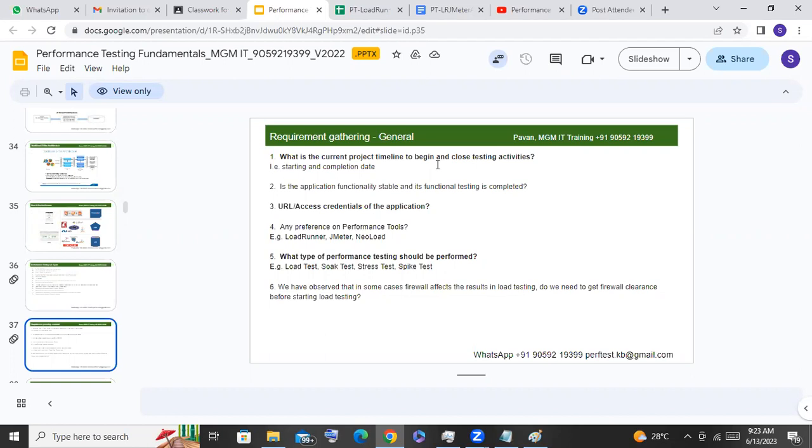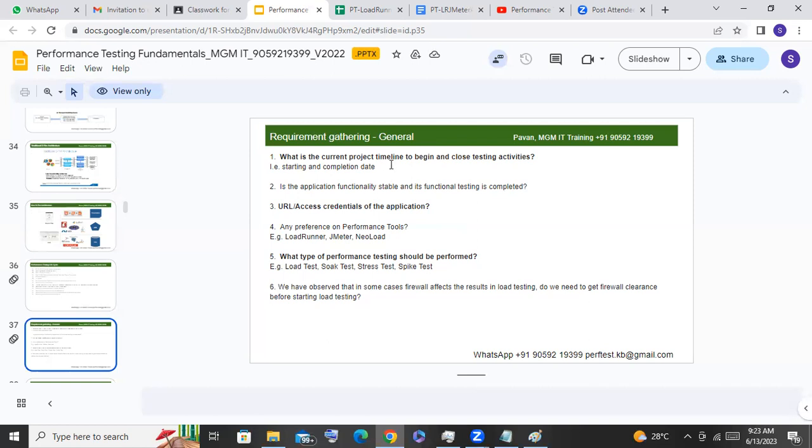So I was involved in preparing a proper document in order to gather all these requirements, and that helped us a lot. They still say, you know what, this is Shyam's document. So that is one good thing that I have done in my previous 2 projects. All right. Anyways, what are the different things that are there in the requirements gathering?